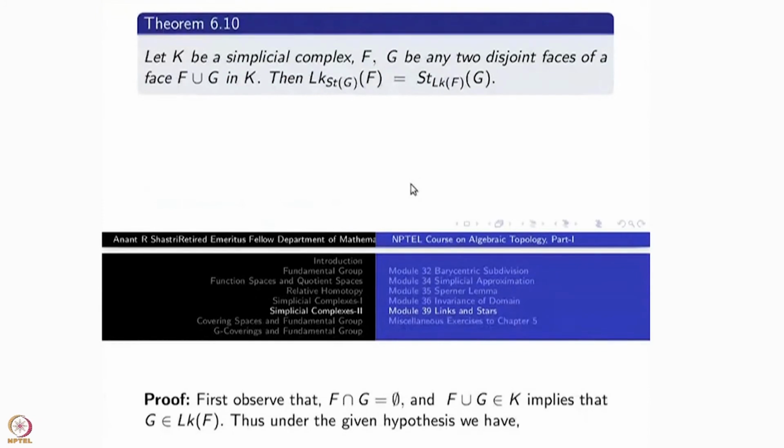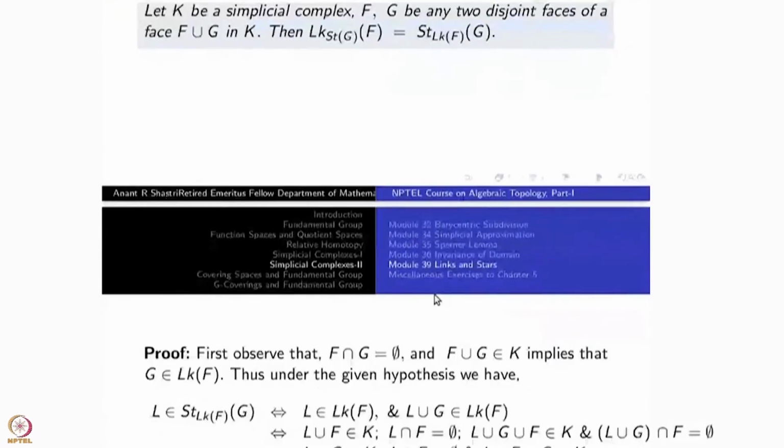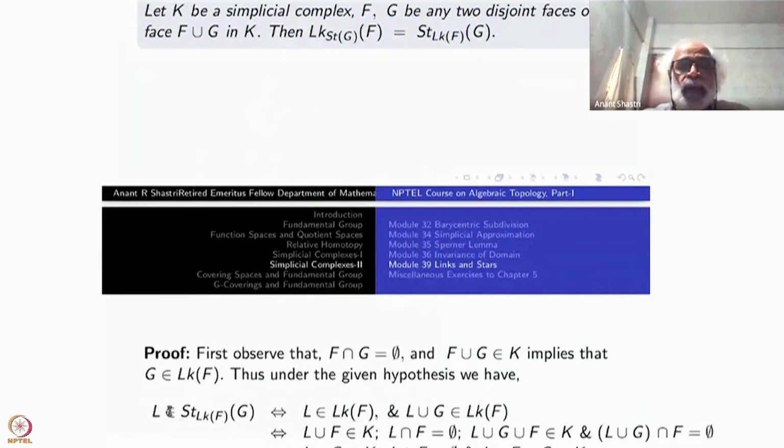First observe that F intersection G is empty. This was the starting assumption. And the union is in K. Therefore, this G is in the link of F, and this F is in the star of G. Under the given hypothesis, namely that F and G are disjoint, suppose L is a face of the star of G in the link of F. I am starting from here.